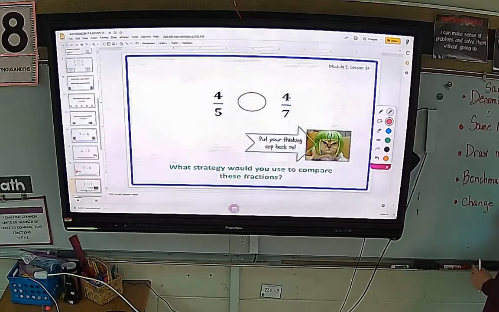Change one denominator to match the other. Because once you do that, then they have the same denominator.